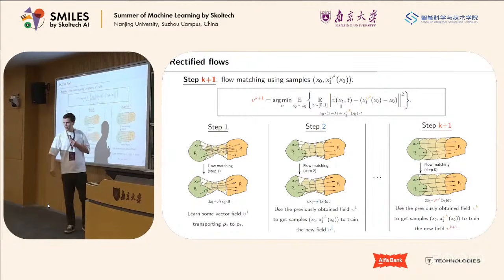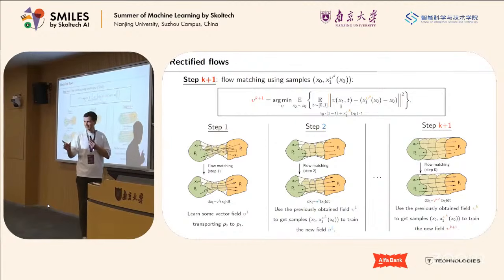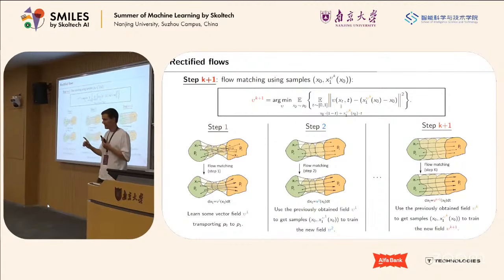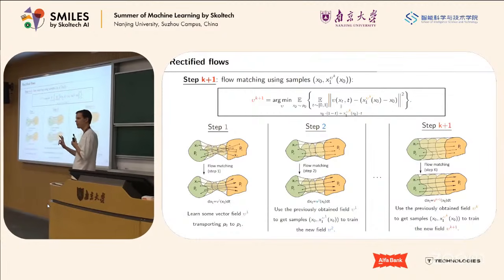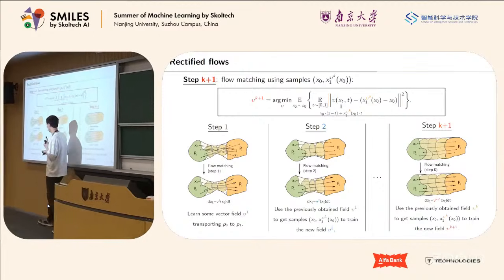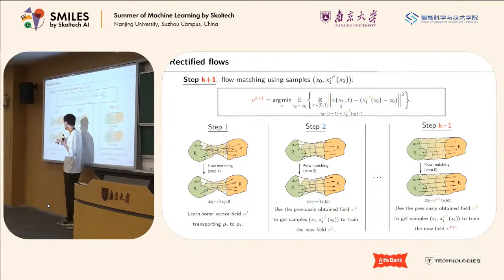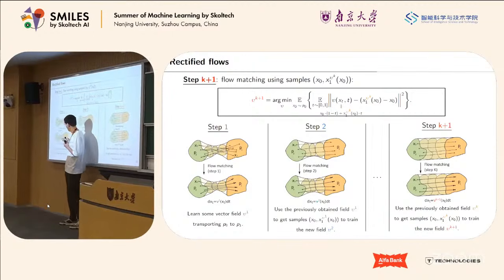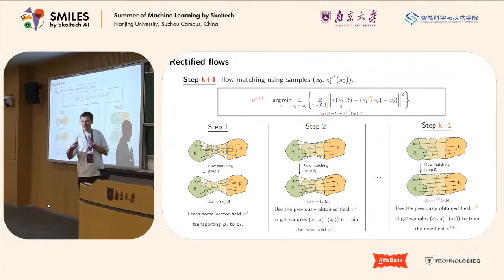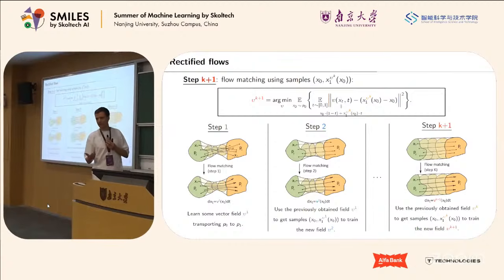And the property of this pair x0 and x1 is that it is actually a coupling of two probability distributions, in the sense that this distribution of pairs x0 and x1 has marginal distributions: for x0 it is P0 and for x1 it is P1. And this property can be used to further train flow matching models.